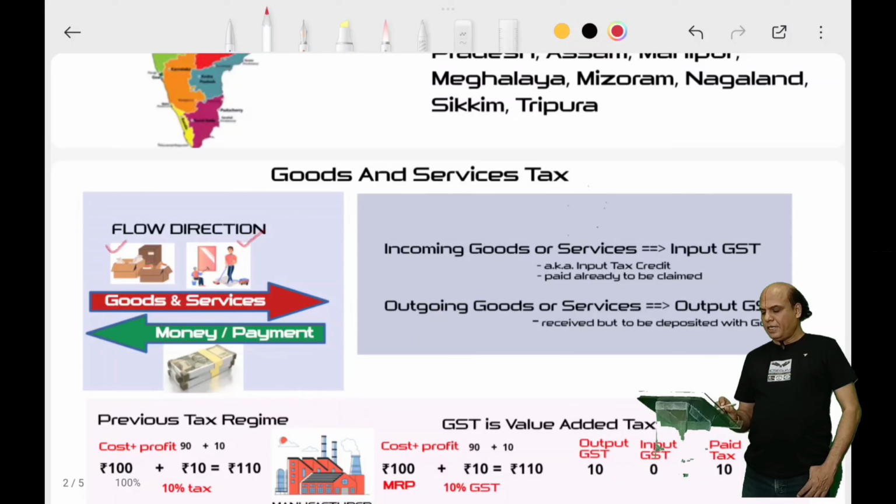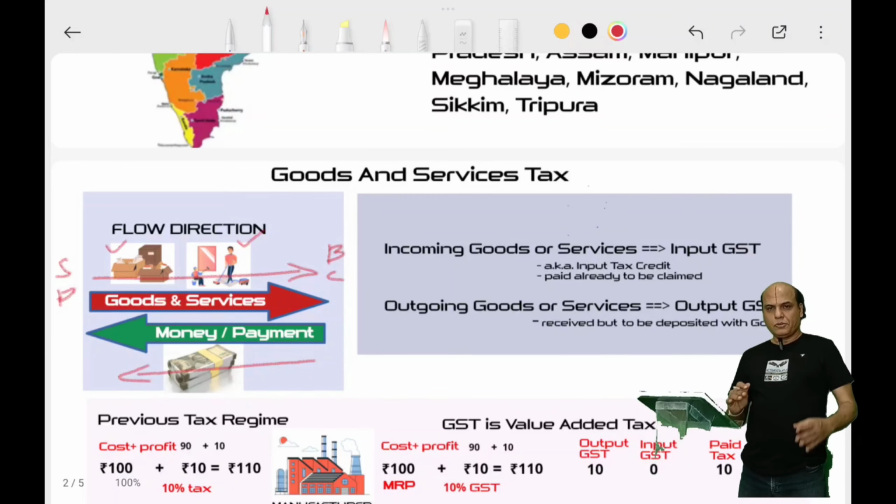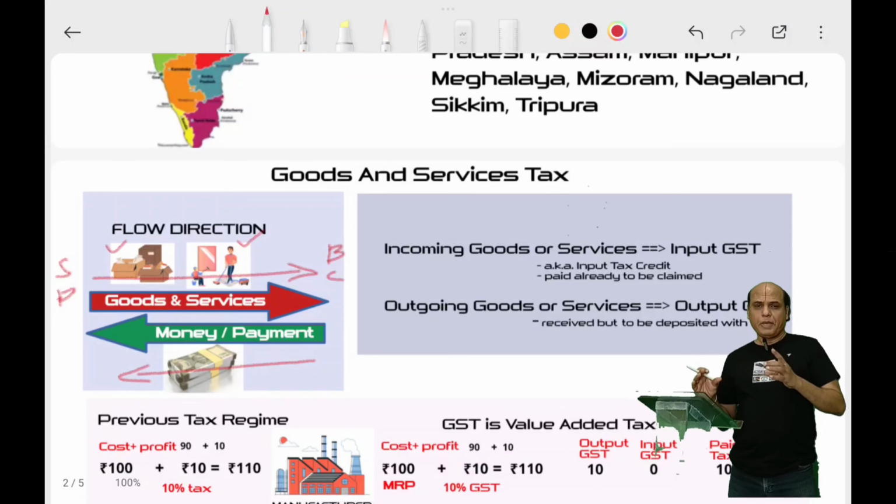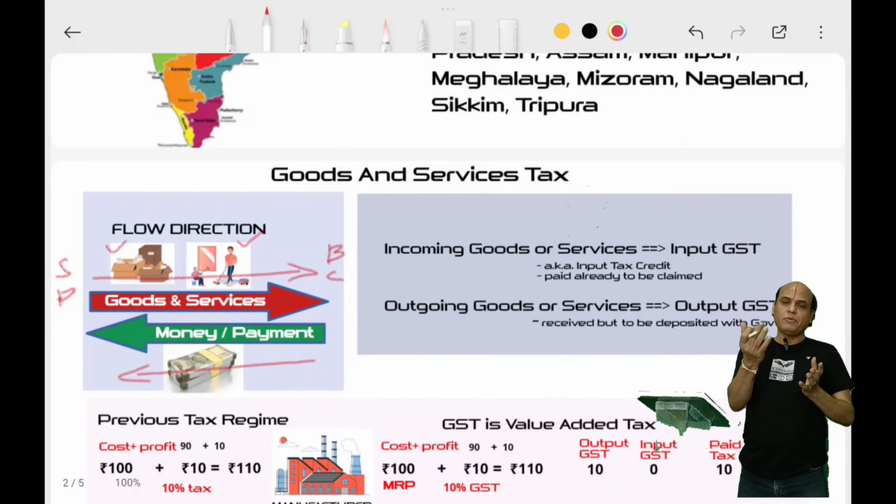That means somebody is selling the goods or somebody is offering services. So if they are moving in this direction, in which direction will the payment or the money move? In the opposite direction. So here it is the seller or service provider, but here it is the buyer or service consumer. So money or the payment flows in the opposite direction of the goods and services. This you should keep in your mind.